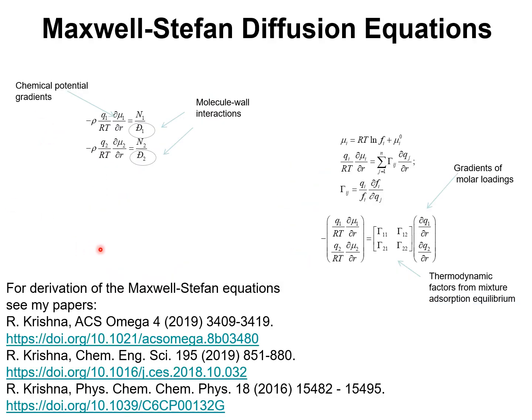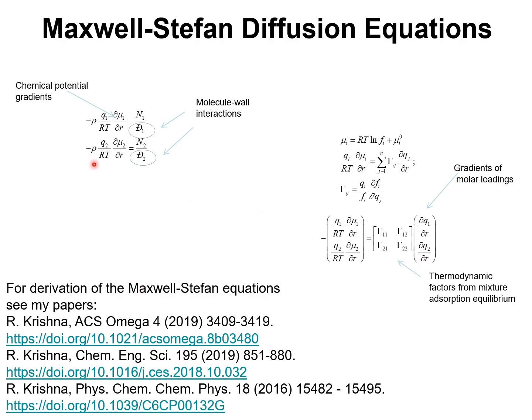For detailed derivations of the Maxwell-Stefan diffusion equations and explanation of the underlying principles, you may consult my published works. Here I just present the bare essentials of the theory that is required for understanding the transient overshoot phenomena that was reported in the paper by Majumdar.